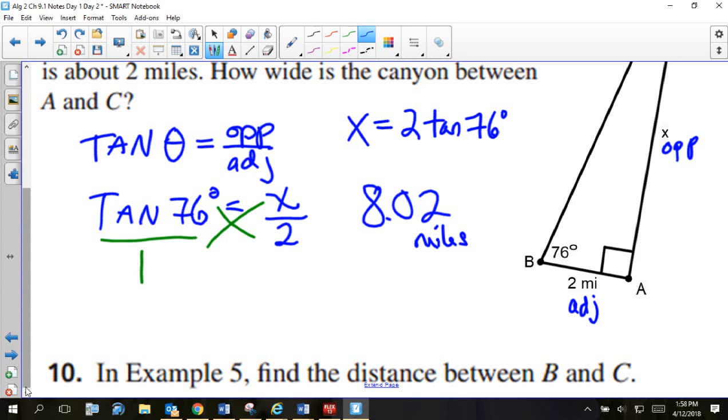So you don't need to find the other angle. I mean, you can, but just use the same angle.